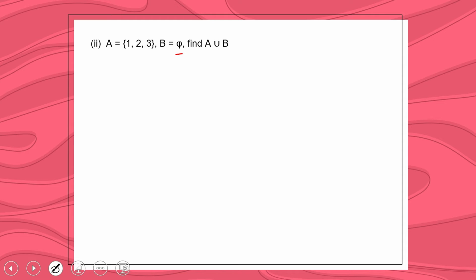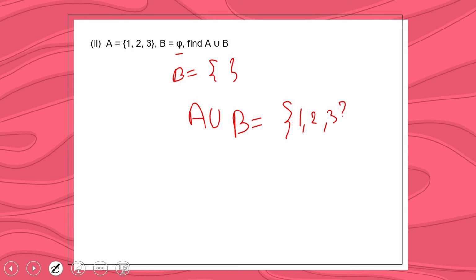B is a null set, so there are no elements in B. So A union B equals 1, 2, 3, because B doesn't have any element in it.